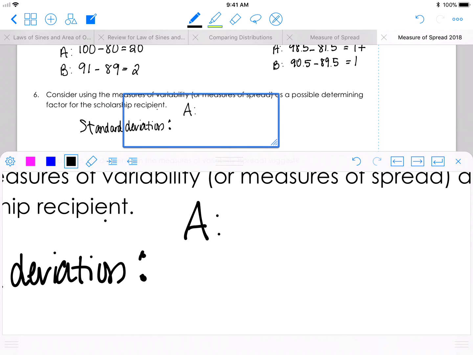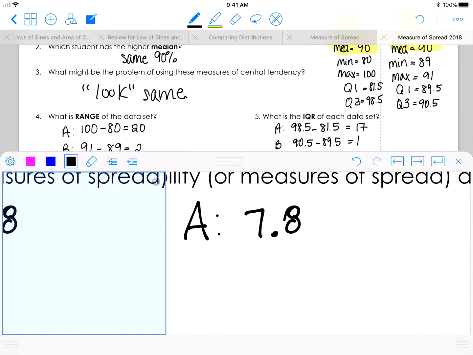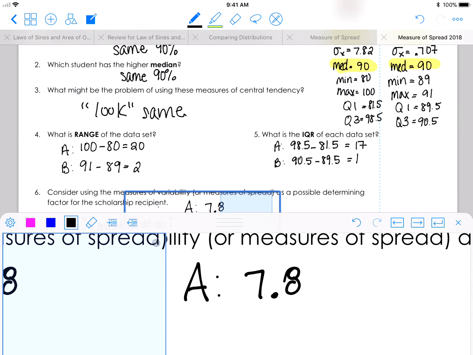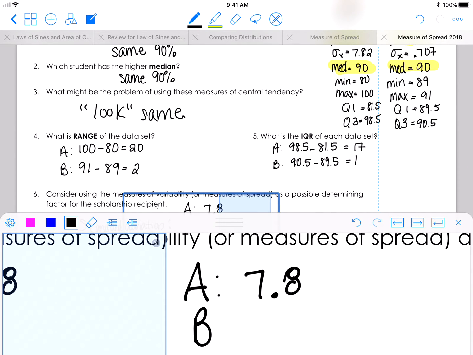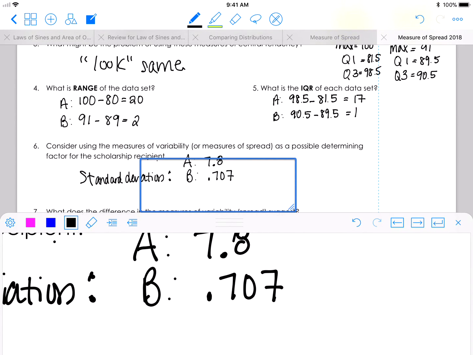Alan's standard deviation was 7.8, whereas Brianna is 0.707. So which one is smaller?